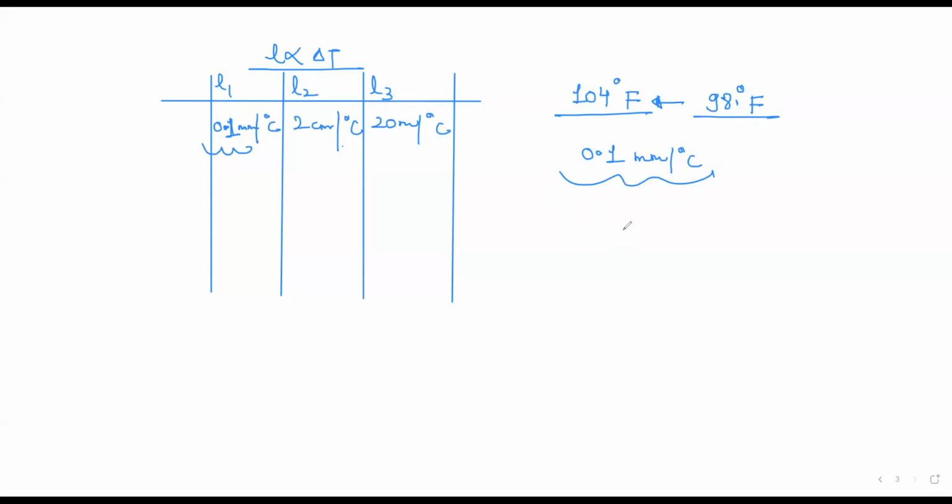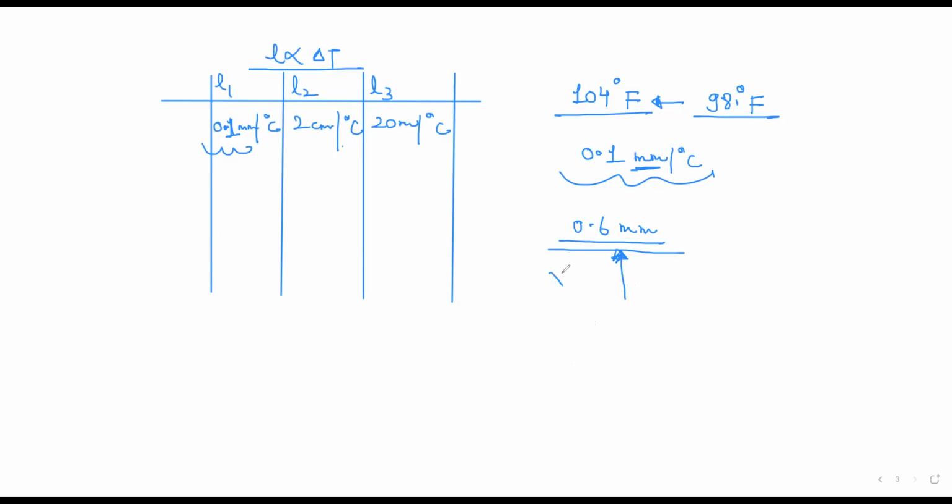How many millimeters will change? 0.6. Will you be able to see it in a thermometer? No. You won't know until it is too late, things will have already gone wrong.